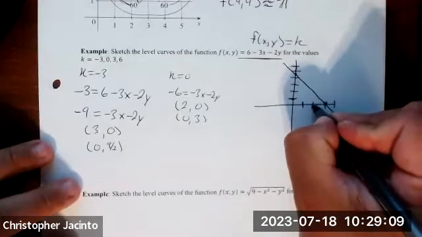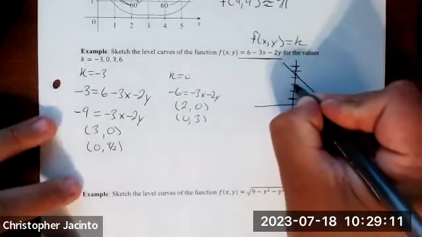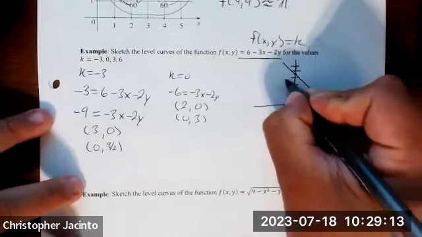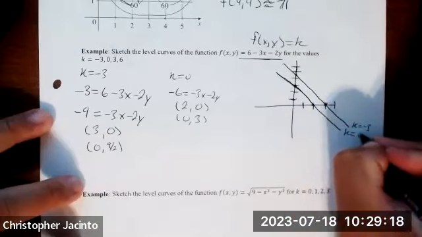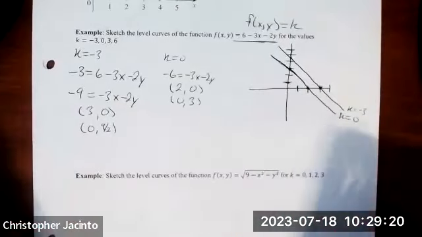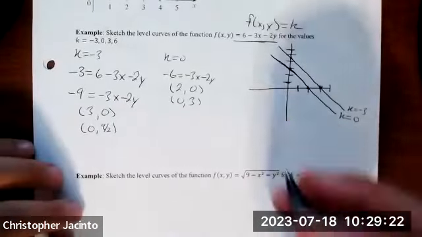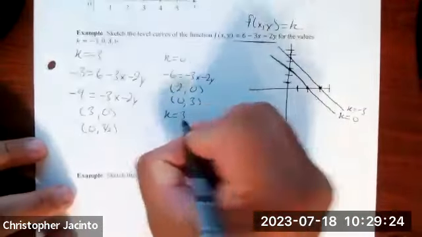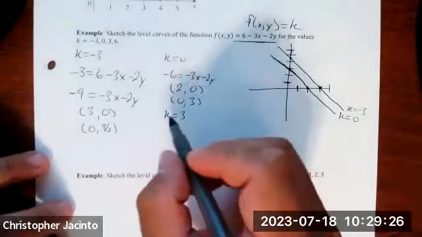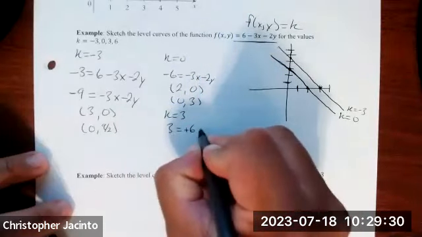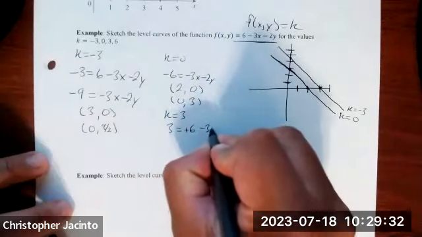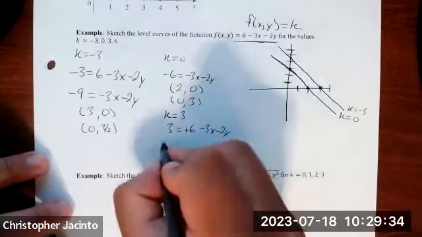So (2, 0) and (0, 3). And we keep going. So when k is equal to 3, bring it over.